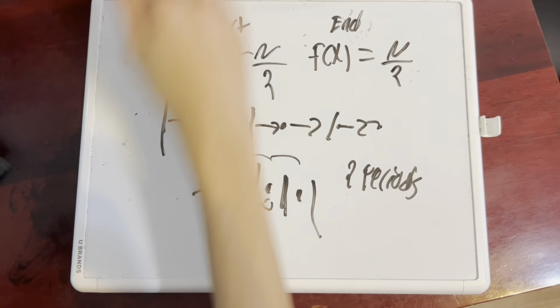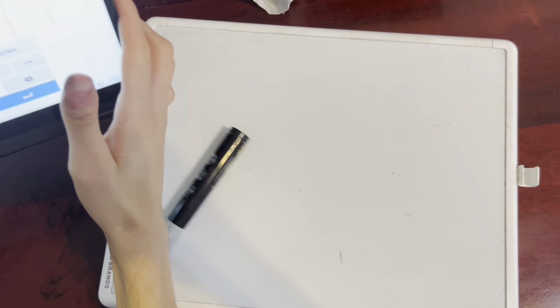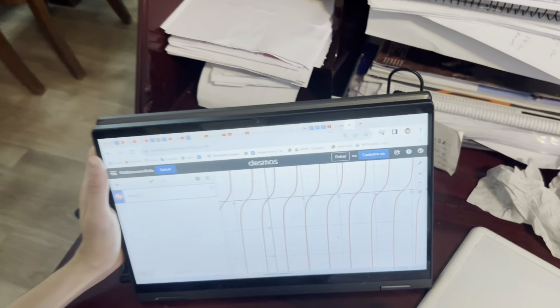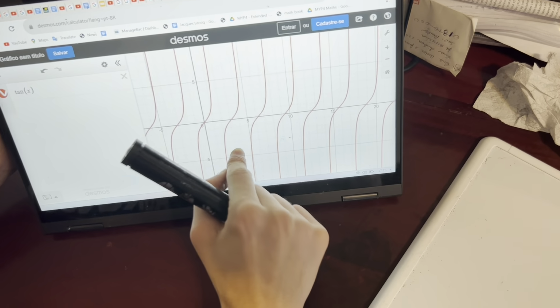Right. So let me just show you guys some technology now. So jumping here now, as you can see here, we have tangent of x, right? So you can see this is sort of the shape that I previously mentioned.